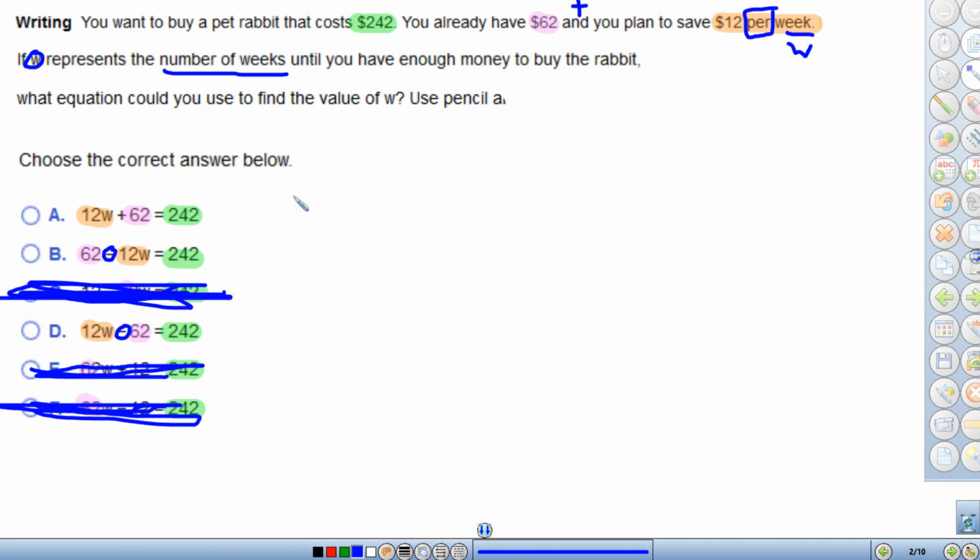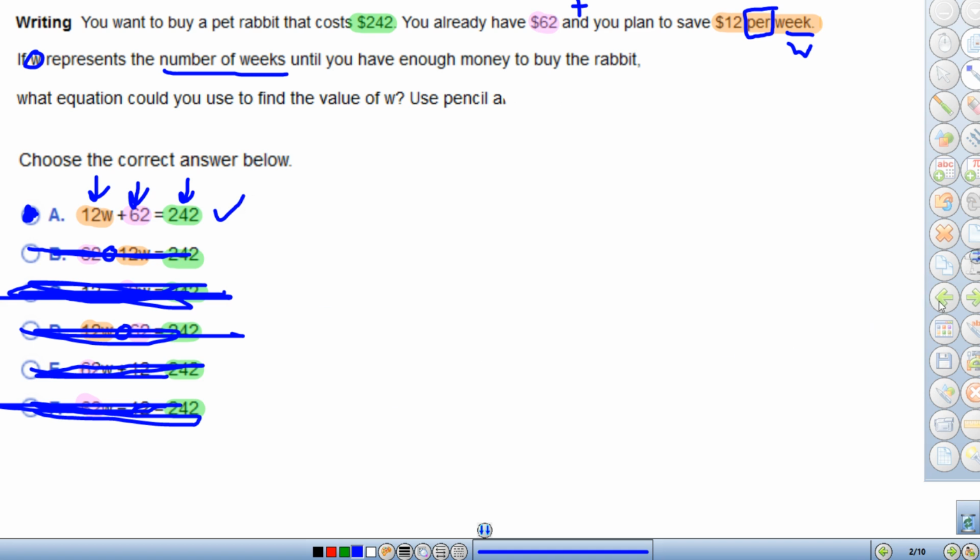I don't see anything about subtracting in this problem, do you? So the only possible answer here is A. So let's just make sure that this works. We have $12 per week, which is 12W, 12 times the number of weeks, plus the 62 we already started with, and that will equal $242. That has to be our answer.